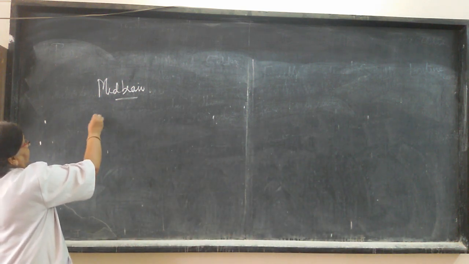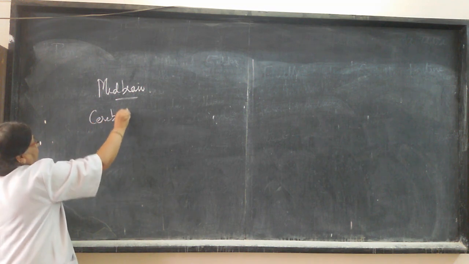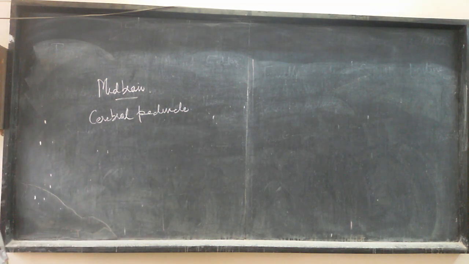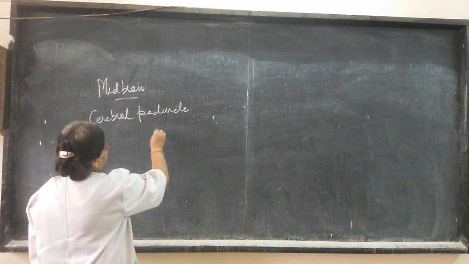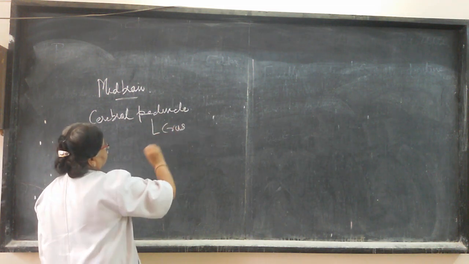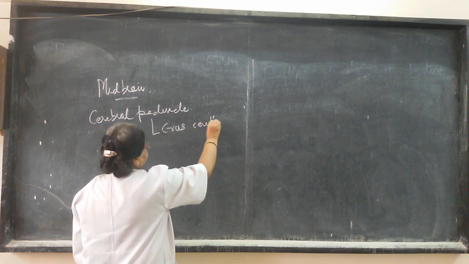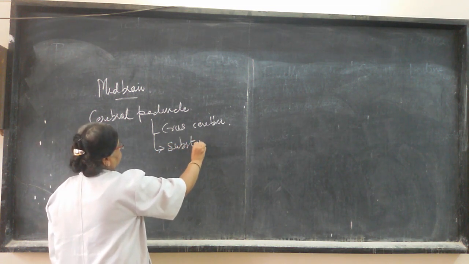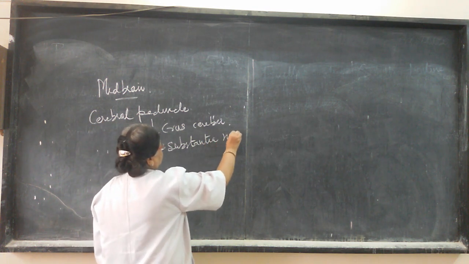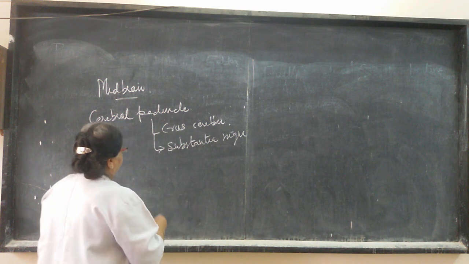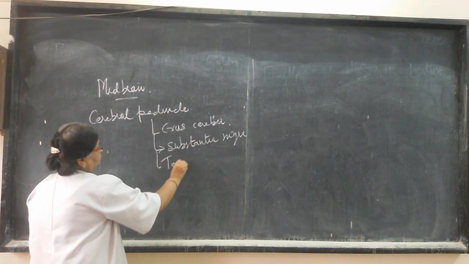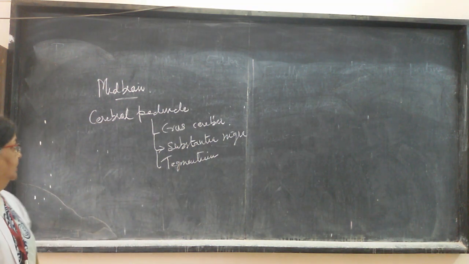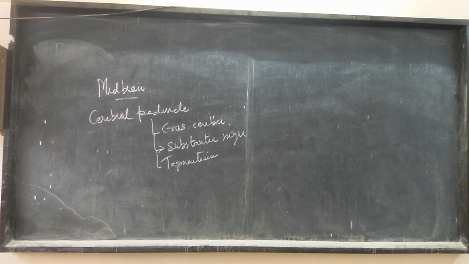The cerebral peduncle has three parts: most ventrally the crus cerebri, then substantia nigra, and the tegmentum.